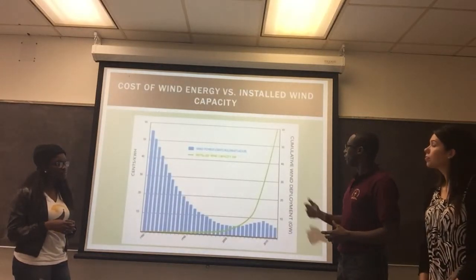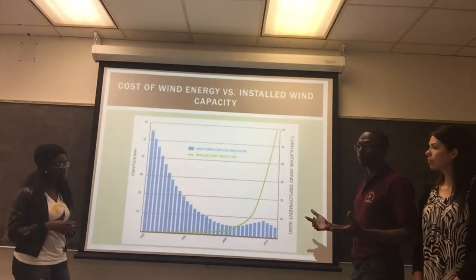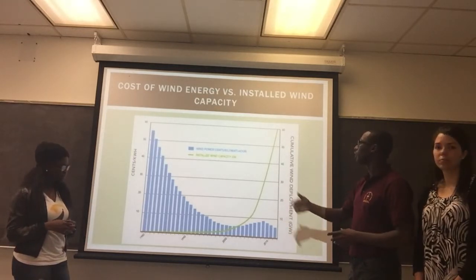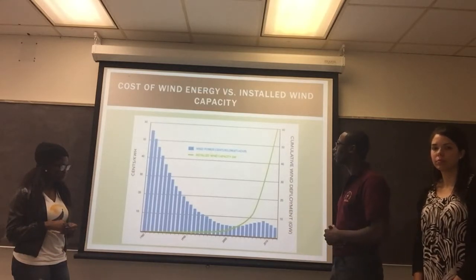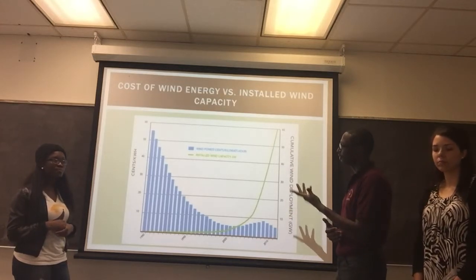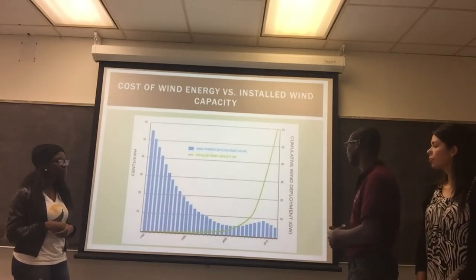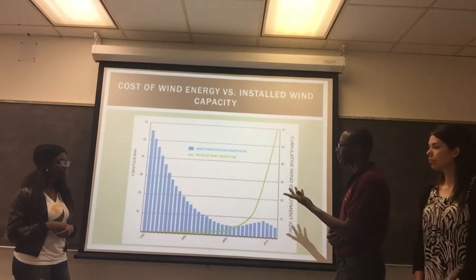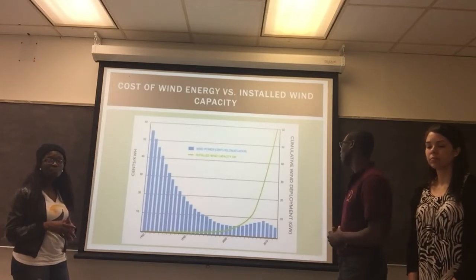Also, we can see here that the prices of wind energy have declined over the past years. Based on the bar graph, we can see that the price per kilowatt declined from 55 cents per kilowatt to below 10 cents per kilowatt, and that's due to improving technology, as we mentioned earlier.